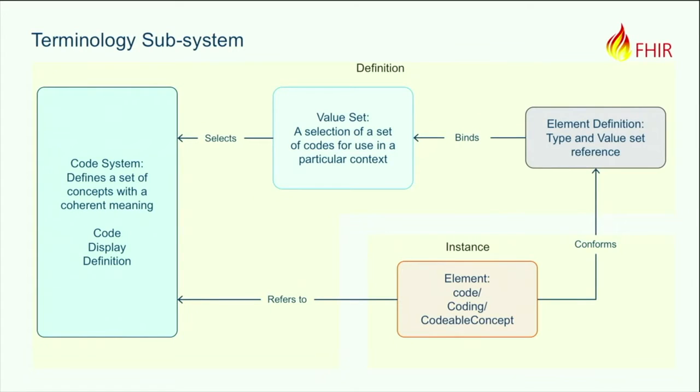And so what you see is that you have these parts around here that are definitional parts. There's where you say, here's my profile, here's the value set that I want to use in order to be conformant, but the instance still refers back to the code system.